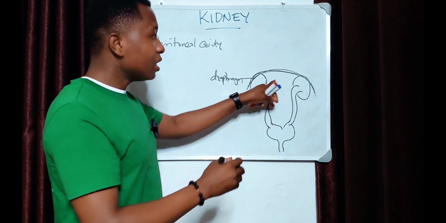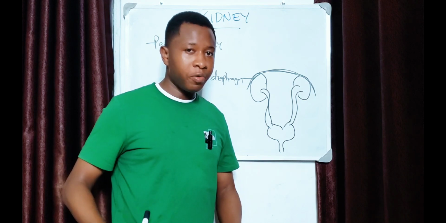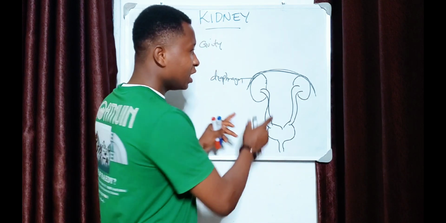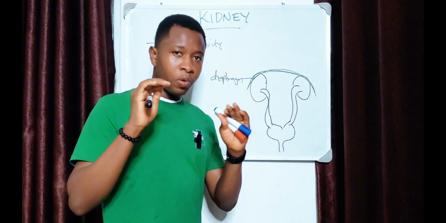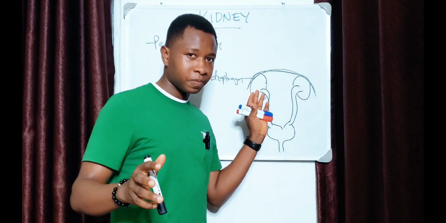This muscle separates the thoracic region from the peritoneal region. So the top of the kidney touches the diaphragm.